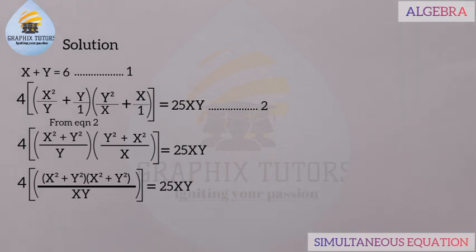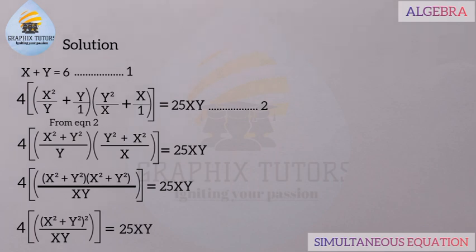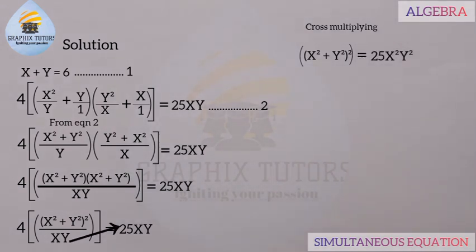Now this can be written as 4 times x square plus y square all square, divided by x over y, equals 25xy. Now if I cross multiply, I'll be having 4 open bracket x square plus y square close bracket all square equals 25 x square y square, because when you multiply xy times xy, it's going to give us x square y square.